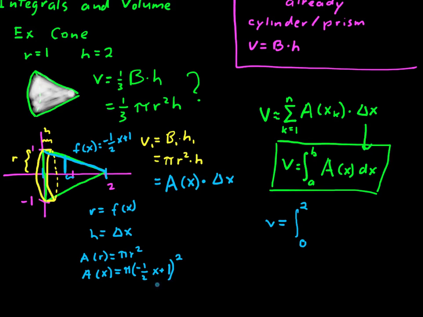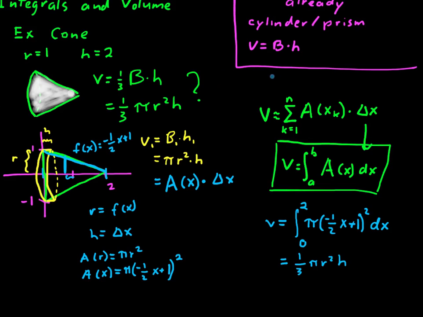The area function is right here, so I have pi times negative 1/2 x plus 1, squared, dx. If I evaluate this, this would then give me the exact volume of a cone, which would, in this case, be 1/3 pi r squared h, because cones aren't that interesting.